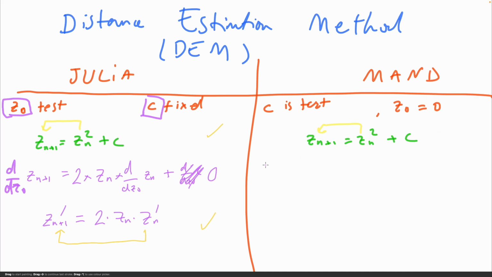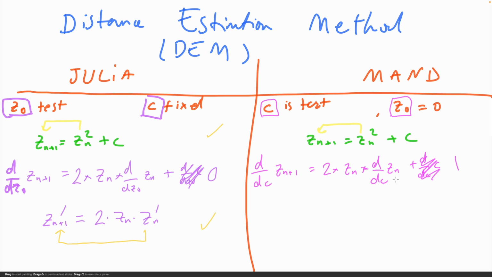What does that look like? So here, what are we differentiating with respect to? C is the one that's varying, and Z0 is fixed. So it's with respect to C, d by dC of Zn plus 1 equals 2, this is the chain rule, times Zn times d by dC of Zn plus d by dC of C, which is 1.